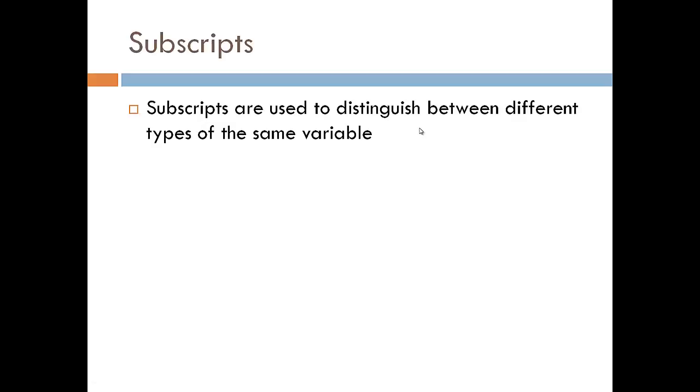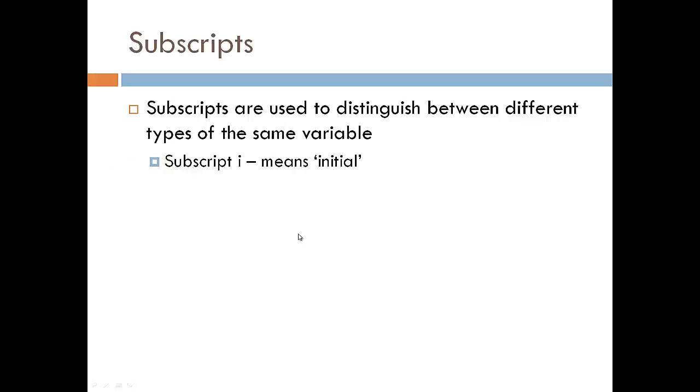Alright. We also sometimes further differentiate our variables by using subscripts. Often we have two of the same type of data that come from 2 different times or 2 different locations, and so we use these subscripts to distinguish between different types of the same variable.